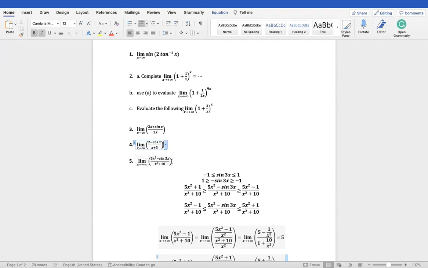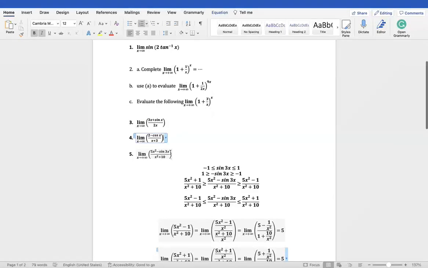With L'Hopital's rule, you just derive the numerator and divide it by the derivative of the denominator, and then you implement the limit again, right? So you do that until you get an answer. And with L'Hopital's rule, after a maximum of about three or four derivations, you should get to an answer, right?